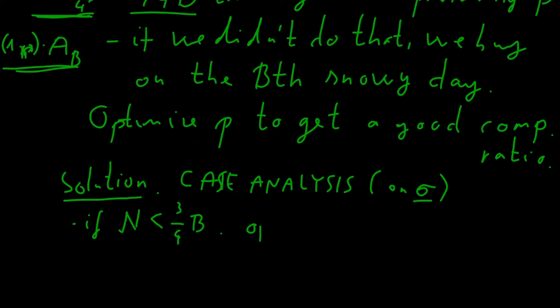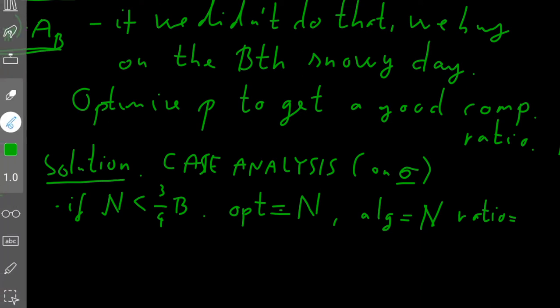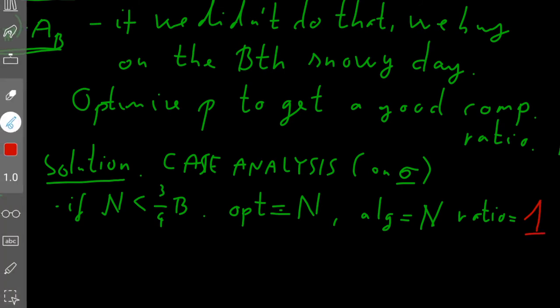Now in this case the optimum is of course n, because it's always the minimum of n and b, and n is of course smaller than b in this case. And the algorithm's cost is again, because we are just keep renting and renting and renting in both cases, the cost of the algorithm is n, so the ratio is, I think I will just write the ratios in, say, red, n divided by n is 1.